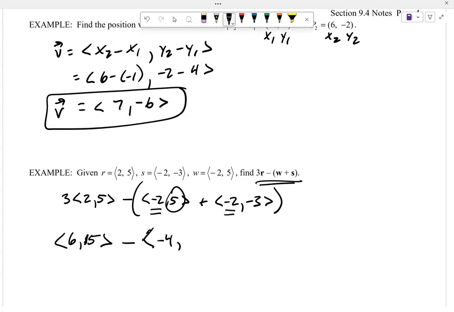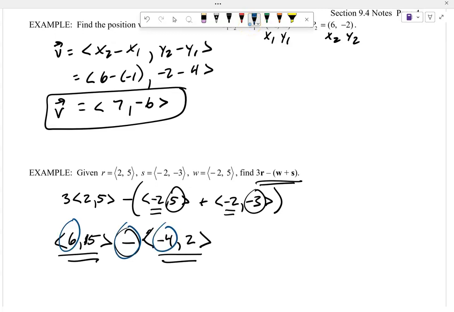And I'll take the 5, the y, plus the -3, 5 plus -3 is 2. There's W plus S. And now I'm going to take the 3R minus the W plus S. So I'm going to go 6 minus a -4.